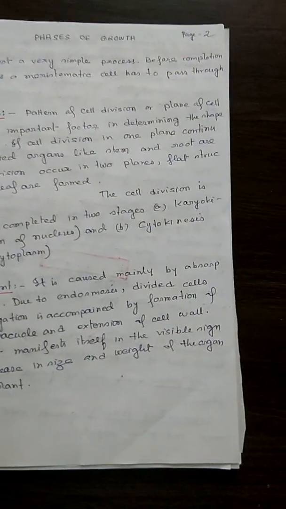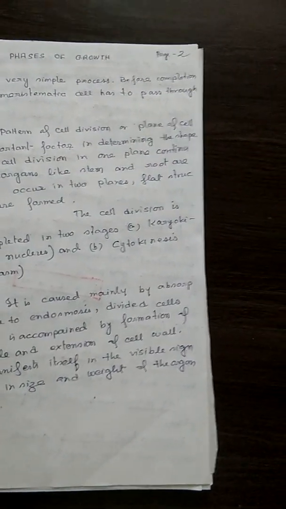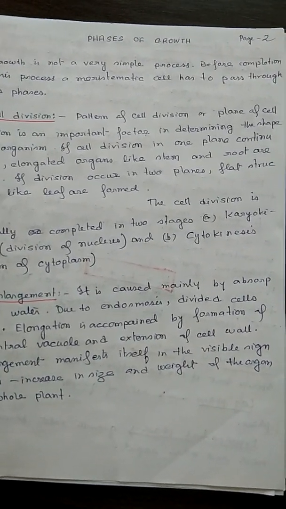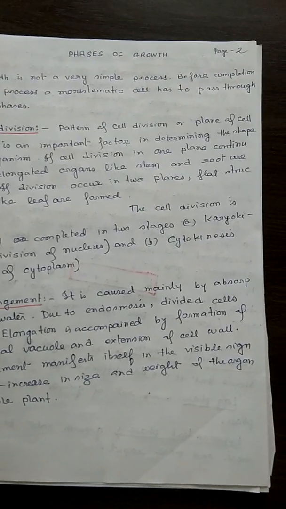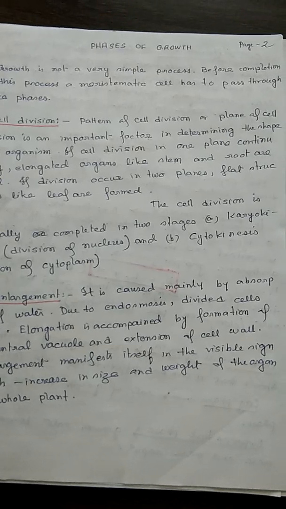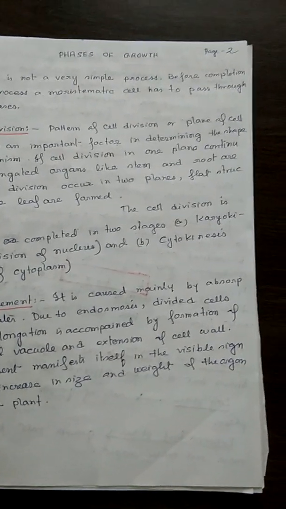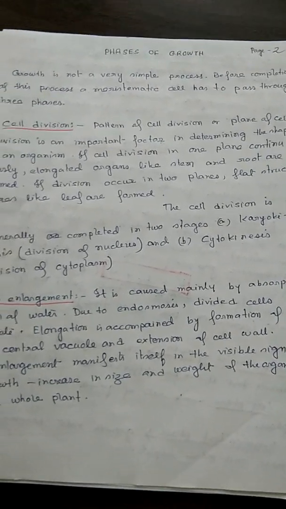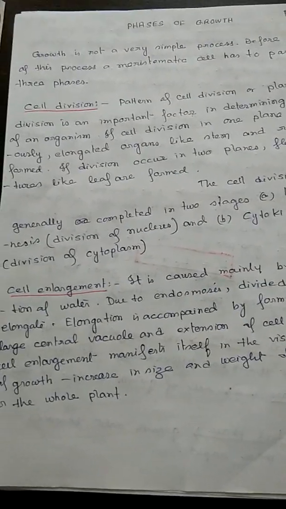Cell division is generally completed in two stages: karyokinesis, division of the nucleus, and cytokinesis, division of the cytoplasm. Now cell elongation is caused mainly by absorption of water due to endosmosis, accompanied by formation of a large central vacuole, extension of the cell wall and cell enlargement. This is the second phase.